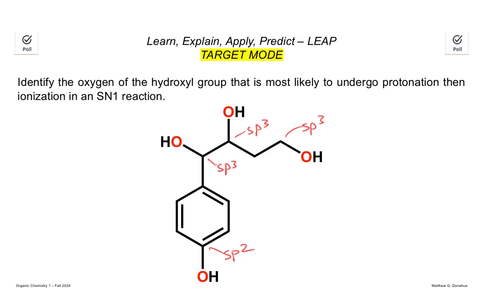The next layer that we do is classifying them. So this is secondary, primary. So we're left with two secondaries, but one is special. Which one do you think that is?